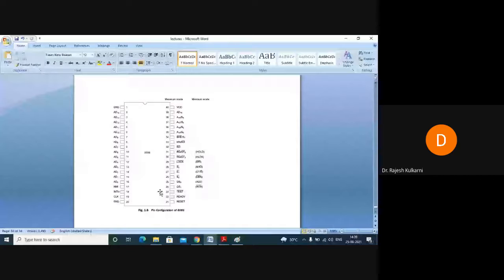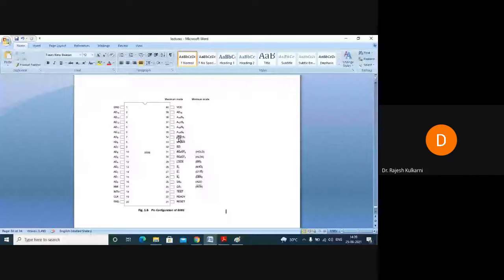After AD15, what is there? A16, A17, A18, A19. These four are multiplexed with S3, S4, S5, S6. These S3, S4, S5, S6 lines are called the status lines, while A16, A17, A18, A19 are called the address lines.